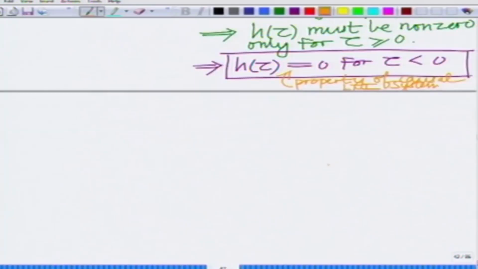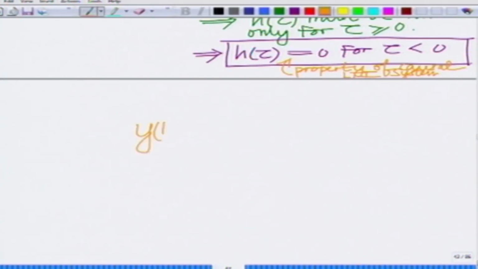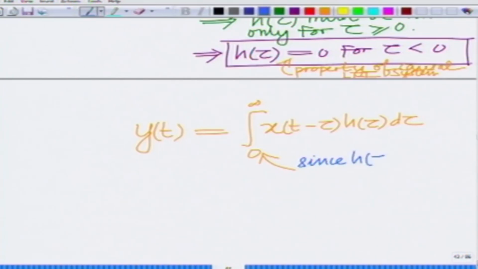As a result, this integral y of t equals the integral from minus infinity to infinity of x of t minus tau times h of tau d tau can be simplified to an integral from 0 to infinity, since h of tau is equal to 0 for tau less than 0.